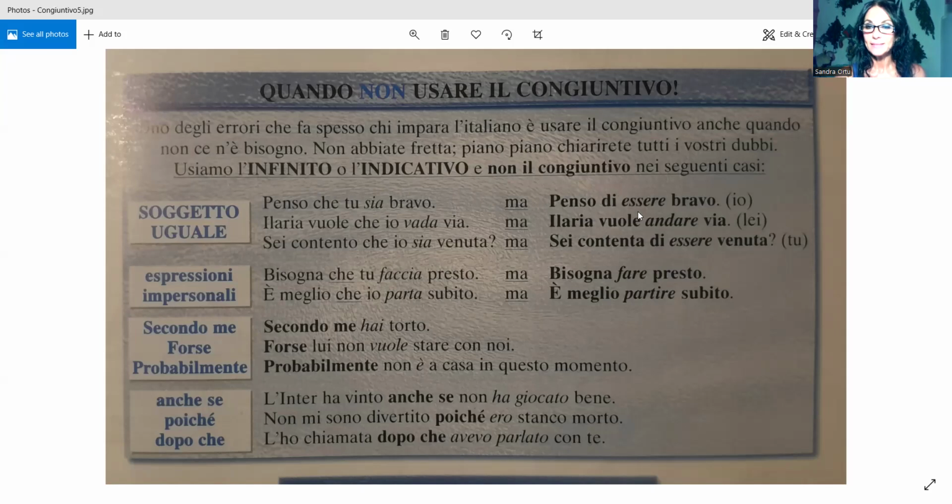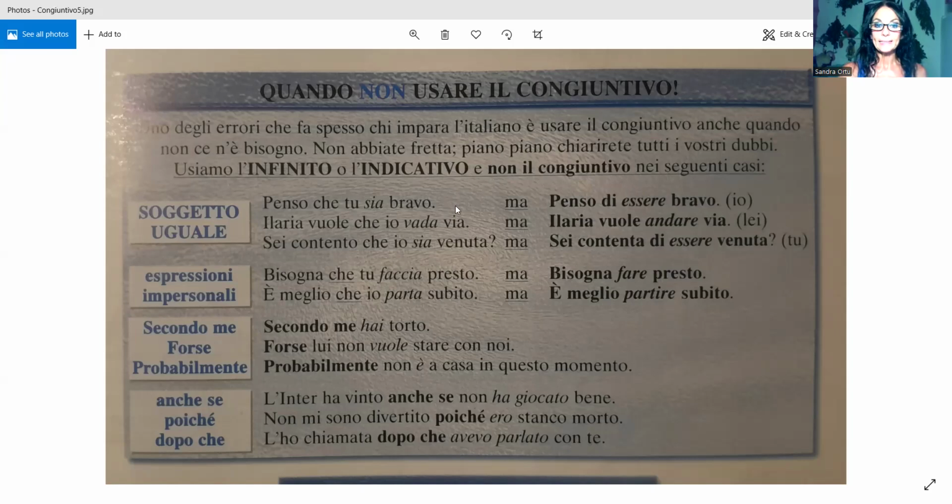And look at this construction. Penso di essere bravo. So you need di and infinitive, because we have io here, and then, so io penso, and then io, I am still good.